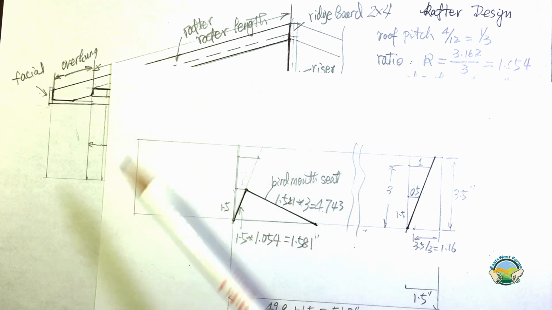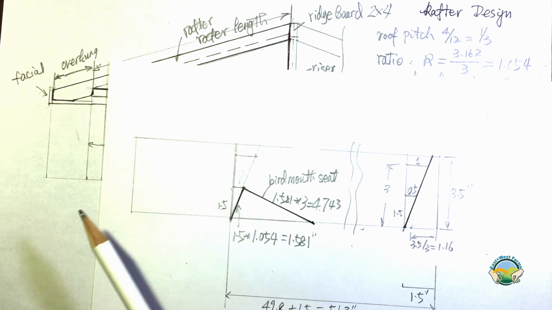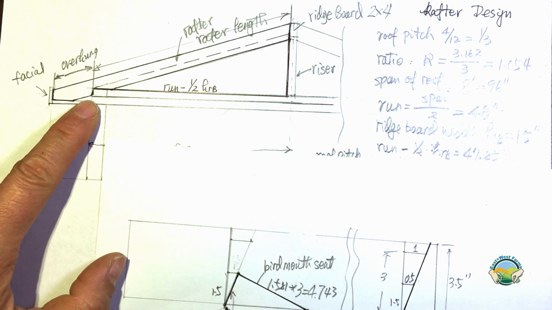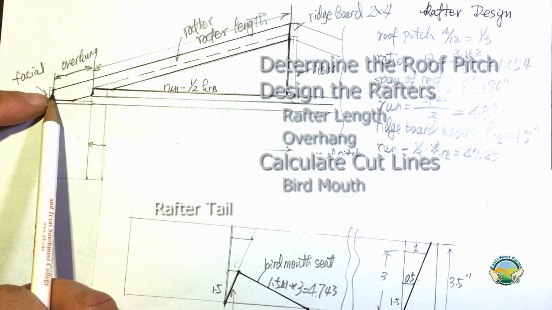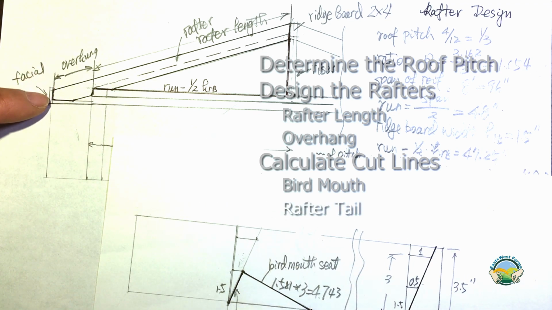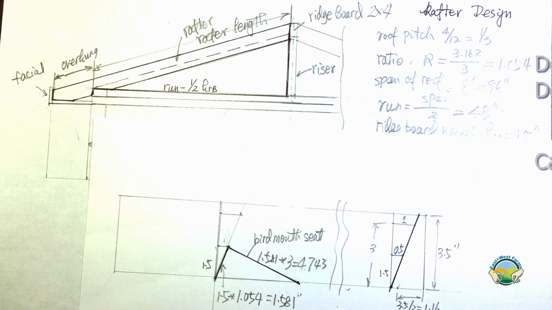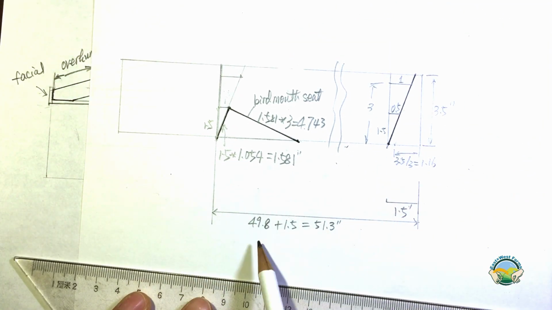The last cut, or second to last cut, is the tail of the rafter. Now I have this dimension over here based on that. The tail is parallel to the bird mouth, so it's at this 1/3 angle and it has an overhang of 10 inches. I'm going to measure from my reference line.